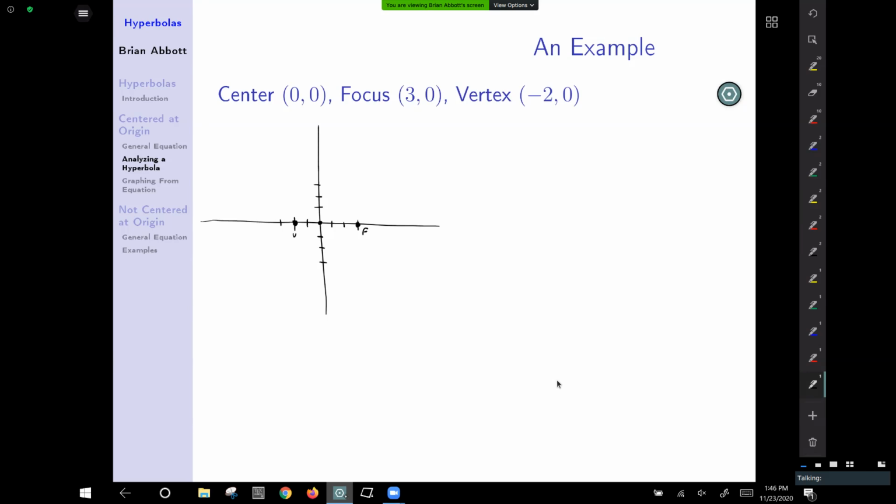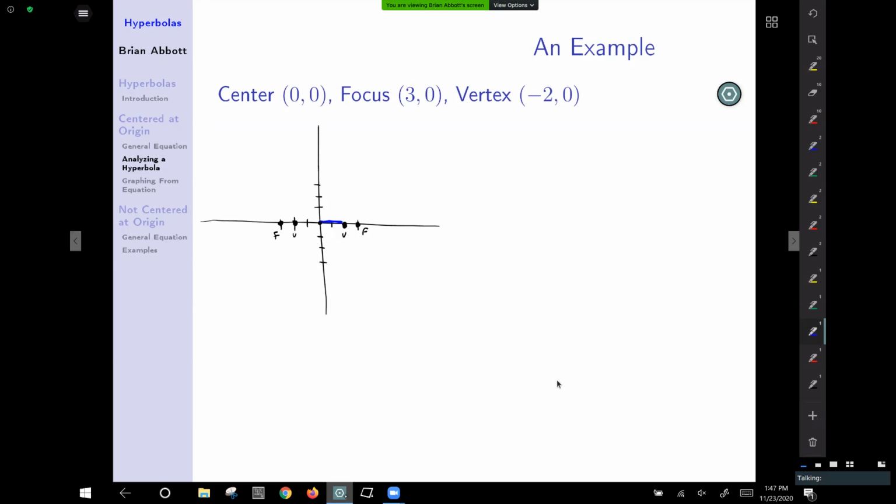So let's talk vertices first. I have the left one at negative 2, 0, so I must have one over here at positive 2, 0. There's my second vertex. And I know the right focus is at 3, 0, so I must have another focus in the same location on the left side at negative 3, 0. So what values do I know? Well, I know the distance from the center to the vertex.